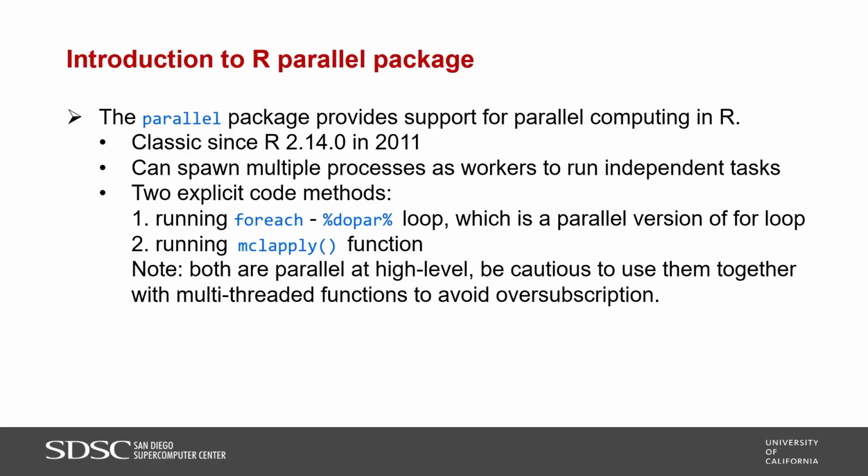Once we have that parallel package available, we can choose one of the explicit methods to parallelize our code. The first one is running the foreach %dopar% loop, which is a parallel version of the for loop, or we can use the mclapply function. Both are parallel at a high level, so be cautious to use them together with the multi-threaded functions we saw before to avoid any oversubscription.